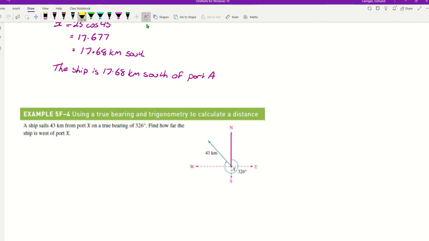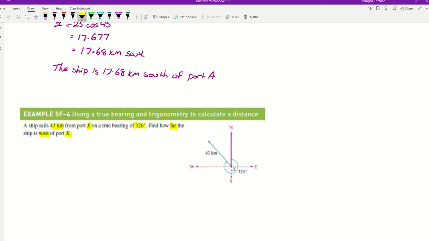A ship sails 43 kilometres from port X on a true bearing of 326 degrees. Find how far the ship is west of X. So they're the important words, I guess. 43 kilometres from point X at a bearing of 326 degrees. Find how far the ship is west of point X.